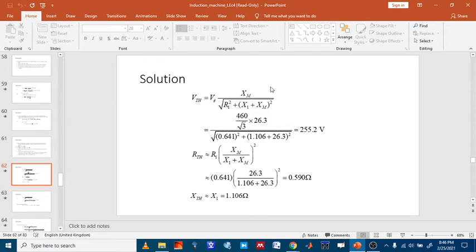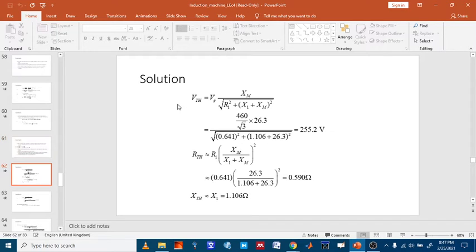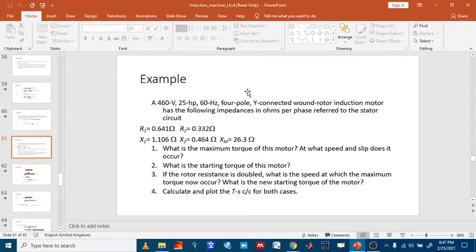So before you can calculate the maximum torque, we need to calculate VTH. This is the general formula, so you substitute everything. The voltage is 460 volts, three phase line voltage, but we need the phase voltage, and the motor is star connected. So V phase is 460, the line voltage, over root 3, times XM.